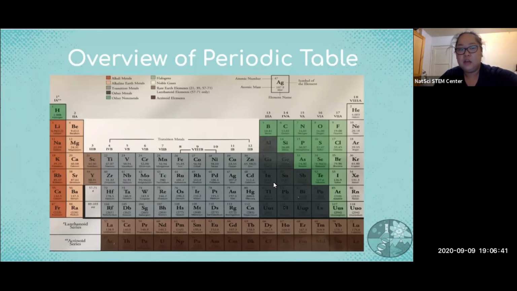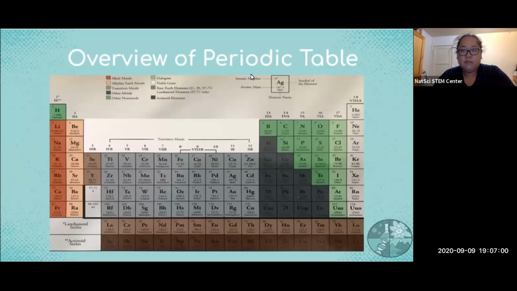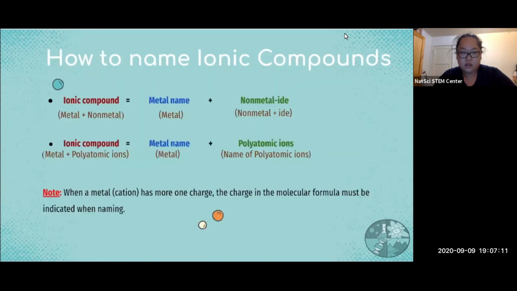I'll give you a minute, or just message in the chat or turn on your mic and let me know that you have your periodic table, because you'll be needing it for the following problems. Got it? Okay. We will start then.